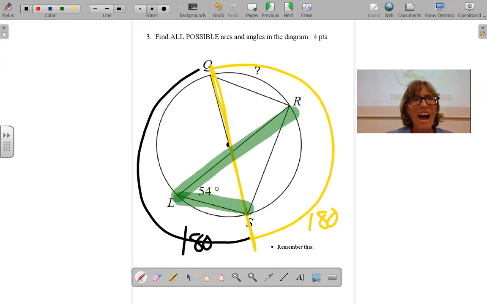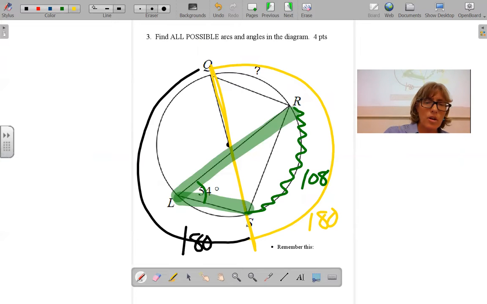Angle equals half the arc. So if this is 54, this arc has to be double. So it's 108. You're like, what else can I find? If this is 180, we take 180 minus 108, and we're going to get this as 72.